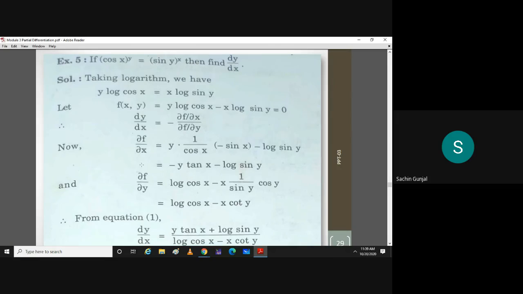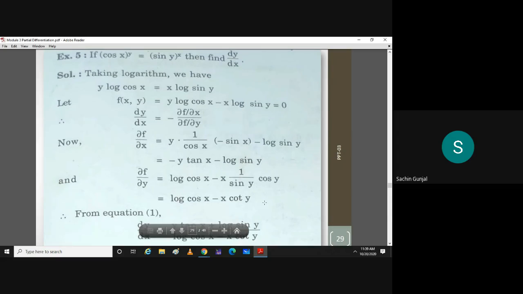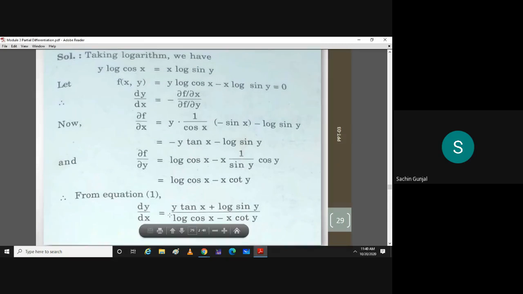Then del f by del y: differentiate with respect to y partially. Log cos x is constant, derivative of y is 1, so this is log of cos x minus x constant. Derivative of log of sin y is 1 by sin y into cos y. So it becomes log of cos x minus x cot y. Then you simply substitute del f by del x and del f by del y, and you are through.